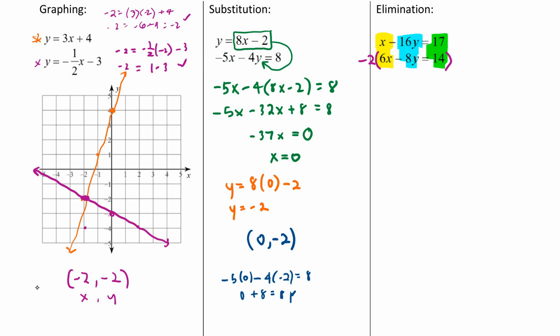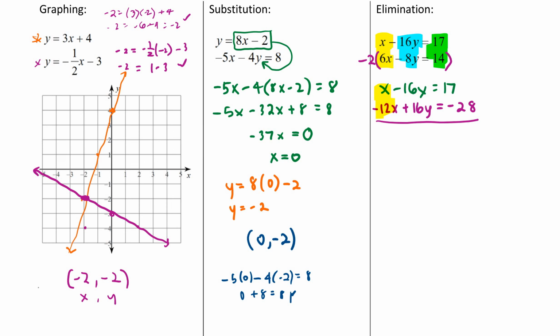So I'll start by rewriting the top equation just the way that it is. And then I'll multiply the bottom equation by negative 2, so that gives me negative 12x plus 16y equals negative 28. Then I'll add each column.